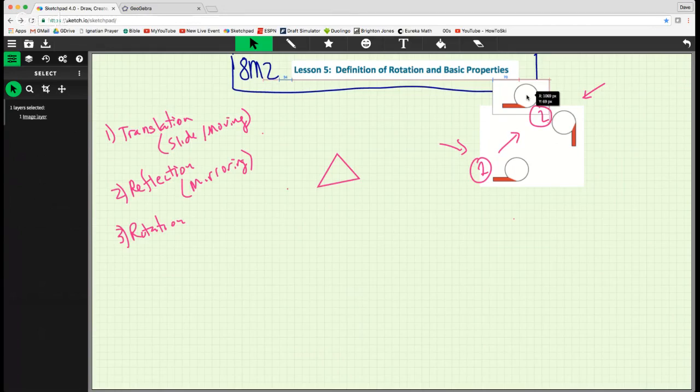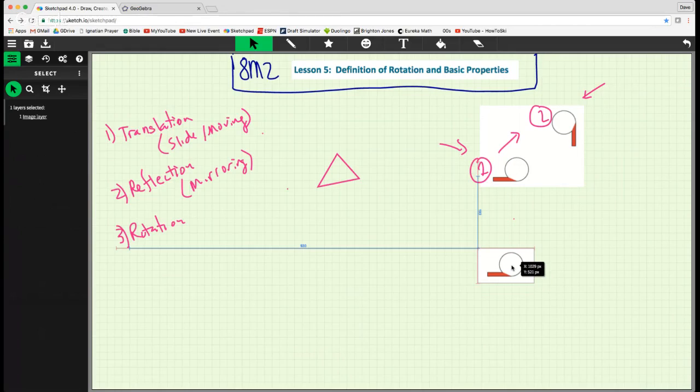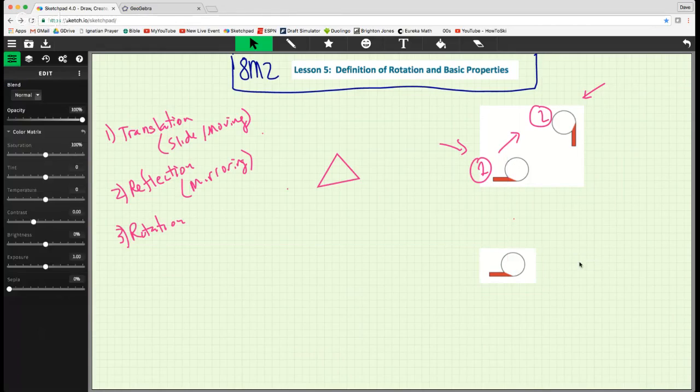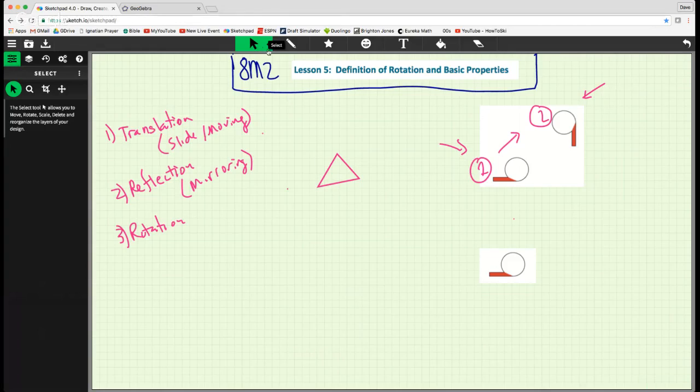So the last thing we can do is going to be called rotation. And watch how this works. I'm just going to show it to you real quick. If we take this guy and watch what we do, I'm just going to rotate this guy upwards. Notice how if we rotate it, we get the right answer.